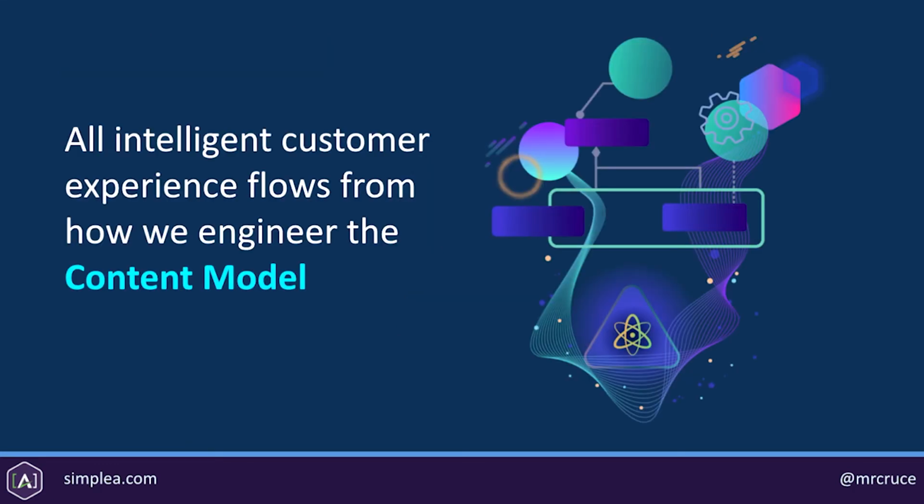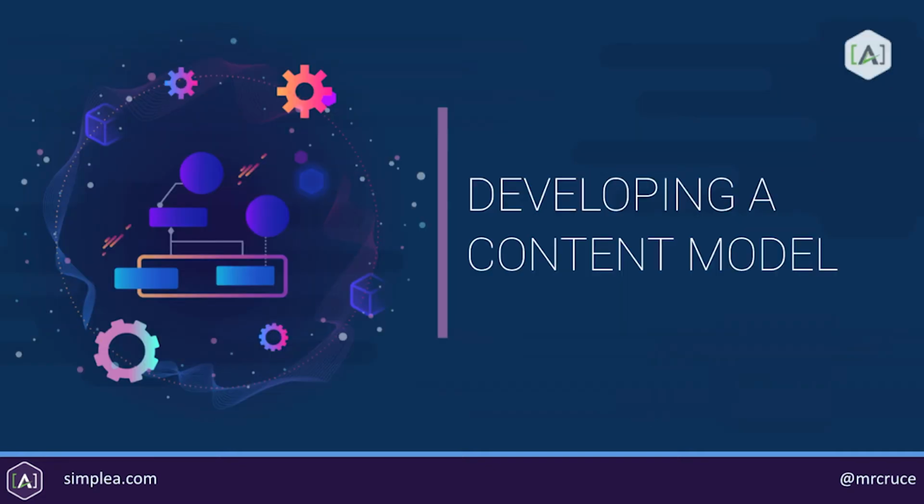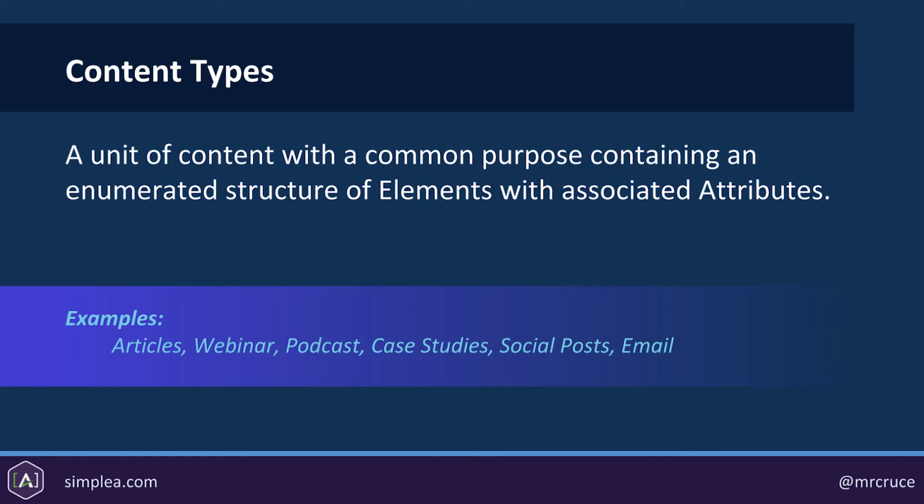All intelligent customer experience flows from how we engineer a content model. So we can't get to contextual experiences without this model, and so we need to invest in understanding, building, and maintaining content models. Content types are one of the foundational ideas. We're going to go over this in a couple of different ways. I'm going to walk through a description of these, and then we're going to build an understanding of a model that is like a cake with different layers.